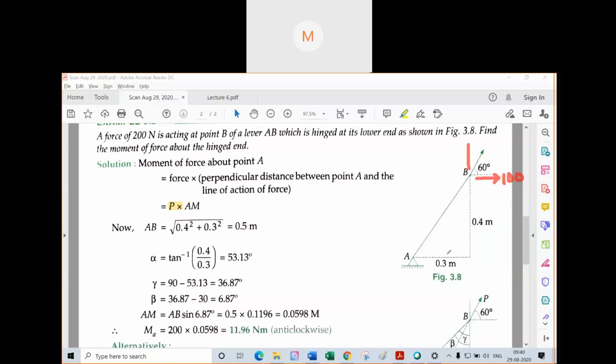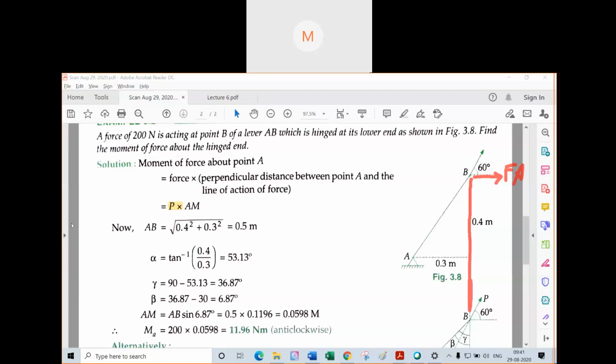Now this distance cannot be the perpendicular, but this is the perpendicular distance, right? 0.4 meter. Yes or no? Yes. So this is the force in x direction, and this is the perpendicular distance, right?